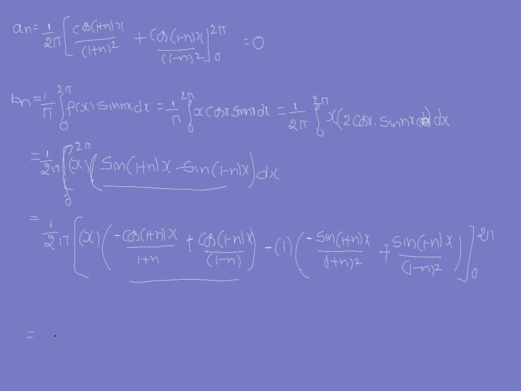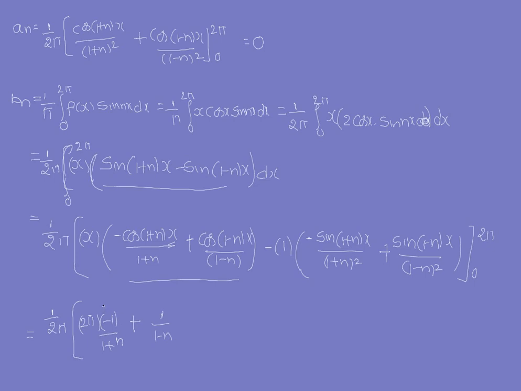If you do the substitution, we get 1 by 2 pi into 2 pi into, substituting the upper limit, minus cos (1 plus n) 2 pi, that is 2n pi, which gives minus 1 by (1 plus n), plus cos (1 minus n) 2 pi, which gives 1 by (1 minus n).